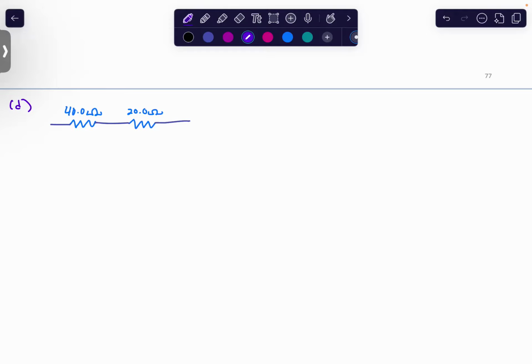I delta V becomes what? In this case, we have to figure out the power in the 40 ohm resistor. We only have a current and we have a resistance. If I only have current and resistance, remember there were two different forms of power based off the numbers we have.